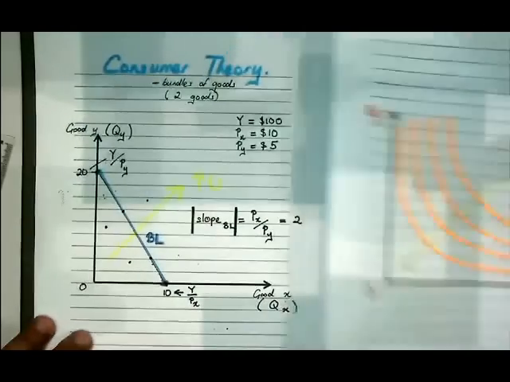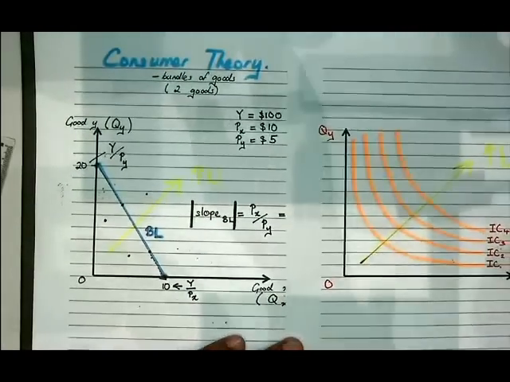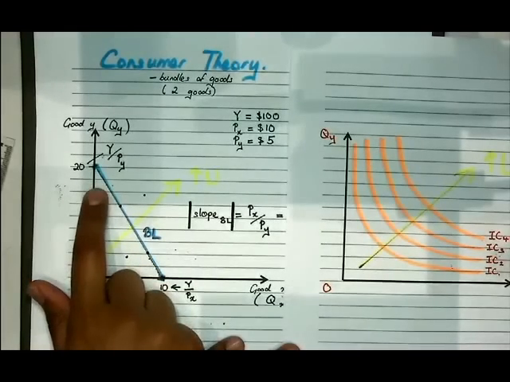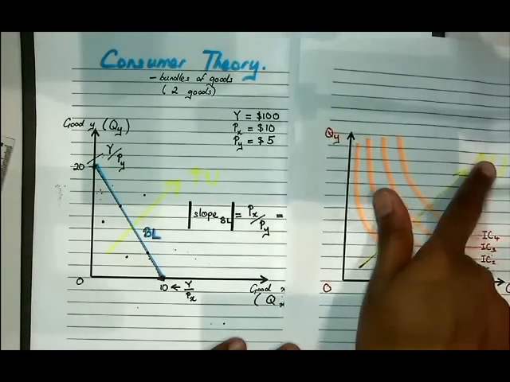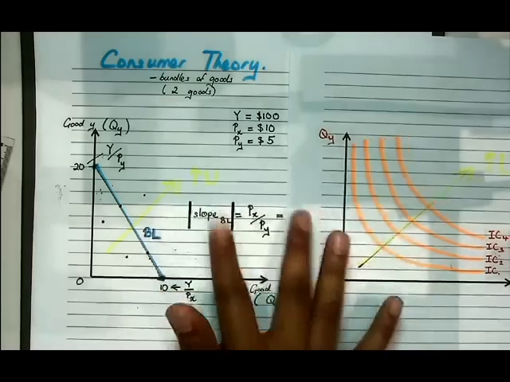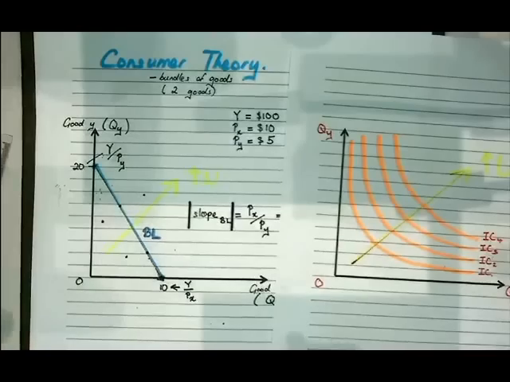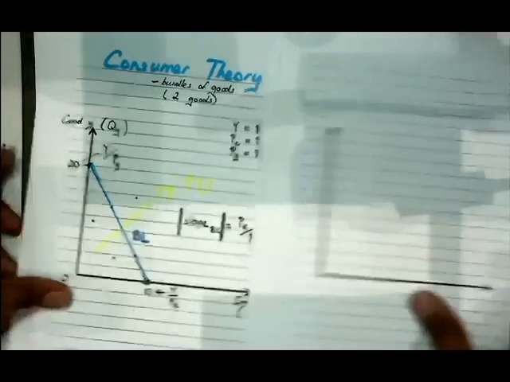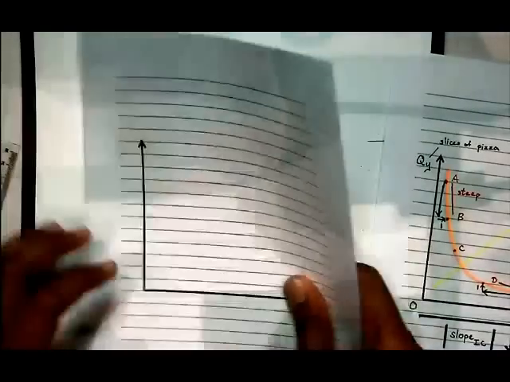Okay. So now we bring these two together. That's my budget. I would like to go as far away as possible. And now we bring both together to see how the consumer will maximize their utility.